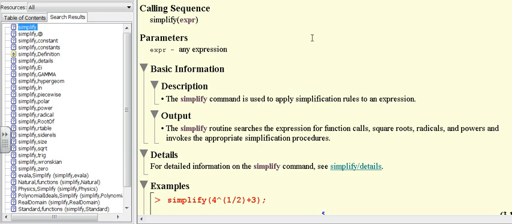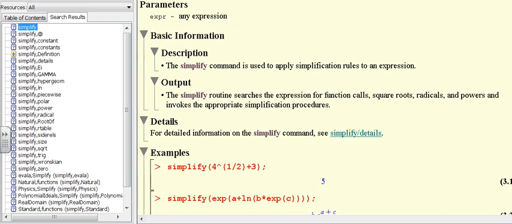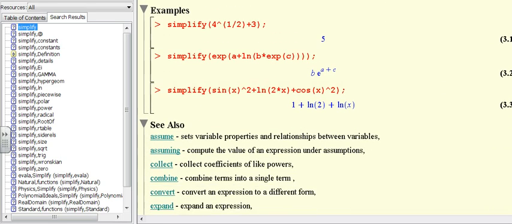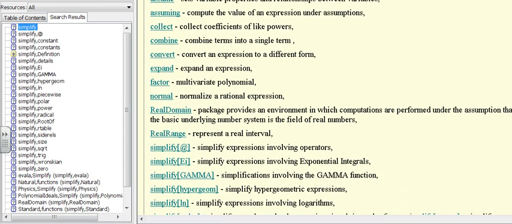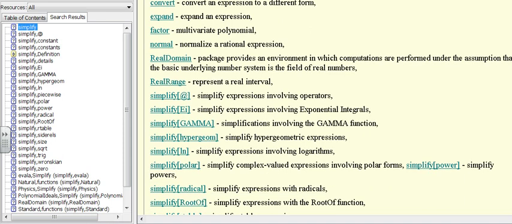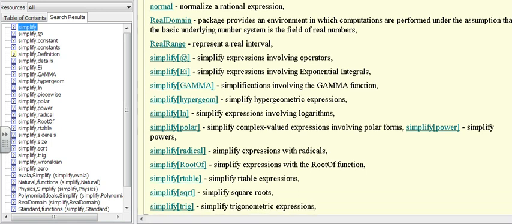Okay, simplify expression. Okay. So I'm spelling it right, and it can simplify those things. Combine, convert, expand, factor, normalize, simplify using the gamma function, simplify using polar form, simplify radical. There we go.